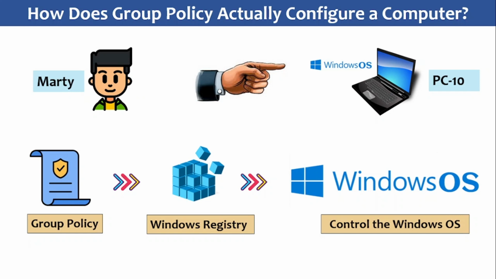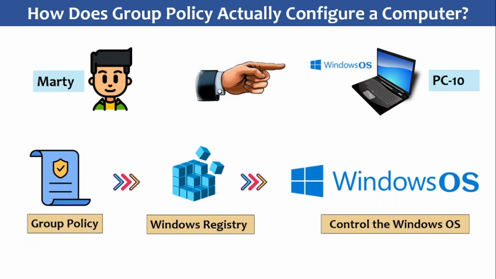The entire operating system is controlled by the Windows registry, and the registry settings are changed by the group policy. We have a complete descriptive video on how this mechanism works. I'll be leaving a link in the description.